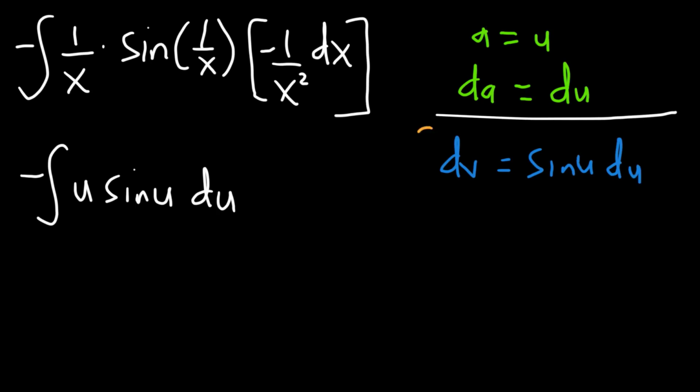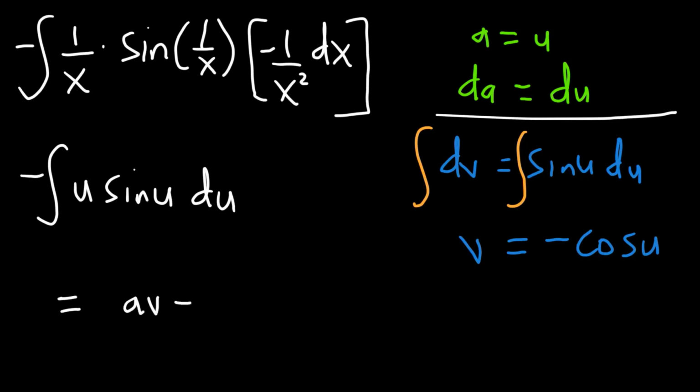If we integrate both sides, on the left hand side we shall have v, and on the right hand side you get negative cosine u. And according to the formula of integration by parts, our integral will be equal to fv minus the integral of v times dA.